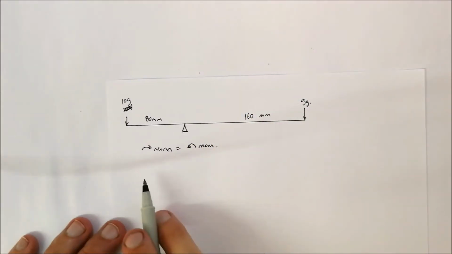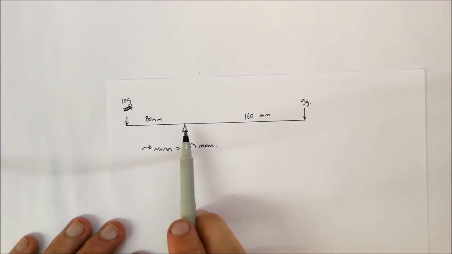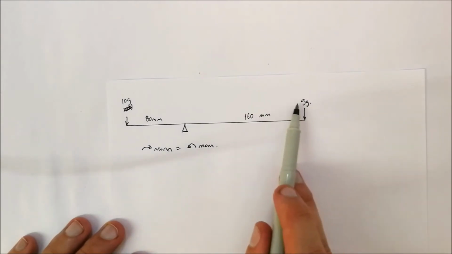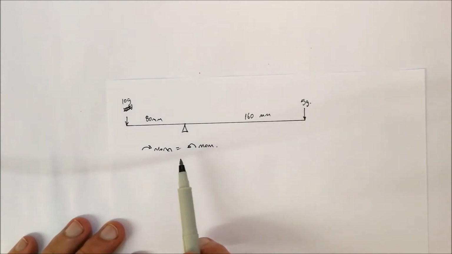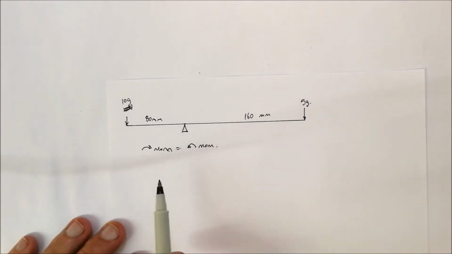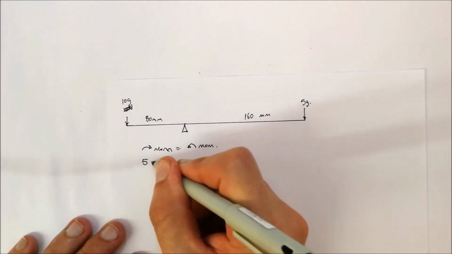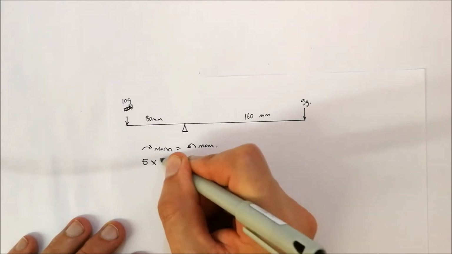Alright, so we're going to be looking at the pivot point, and we're going to be looking at all the forces acting in the clockwise direction. So this 5 grams over there was acting in a clockwise direction. That would mean that we've got 5 grams multiplied by 9.81.